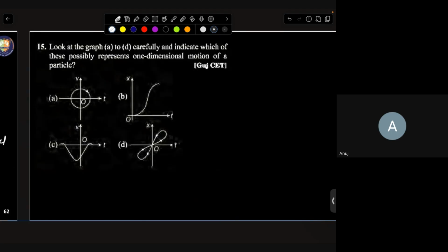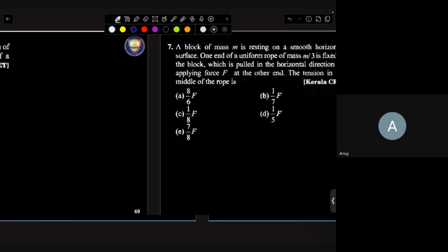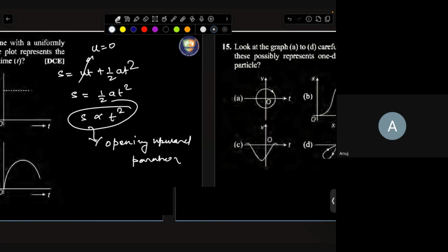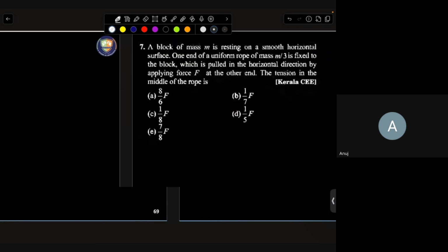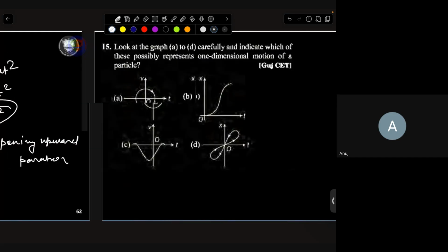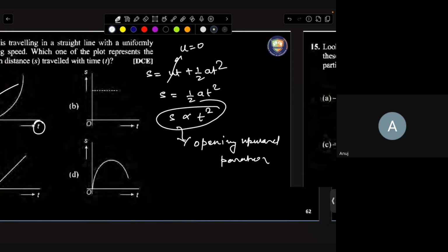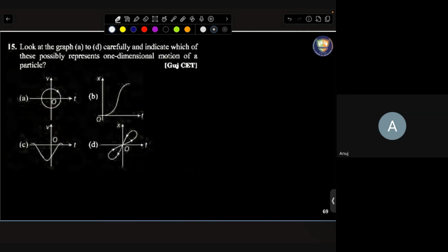Let's see, I think this is the last question from kinematics. Are you able to see the question properly? No, sir. Right now we can. Okay.